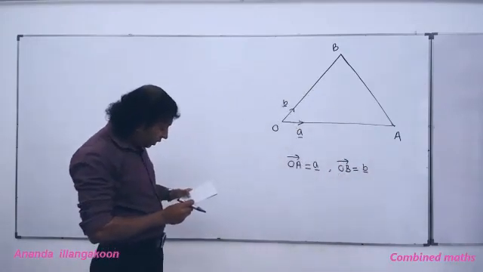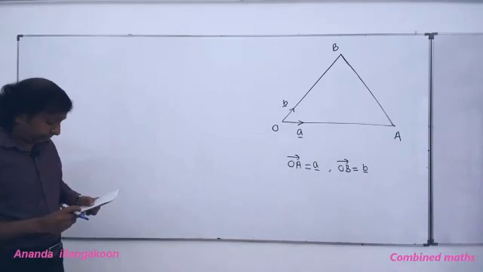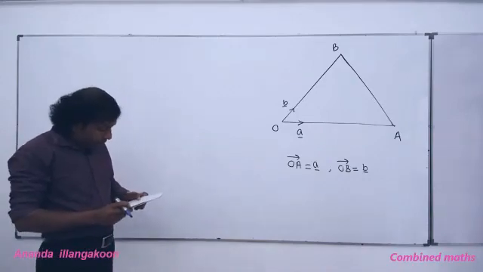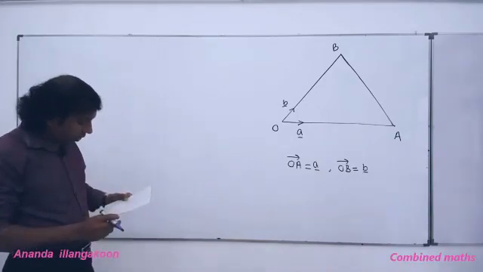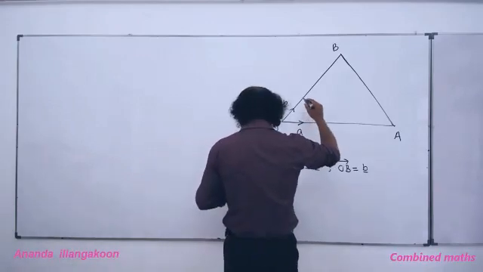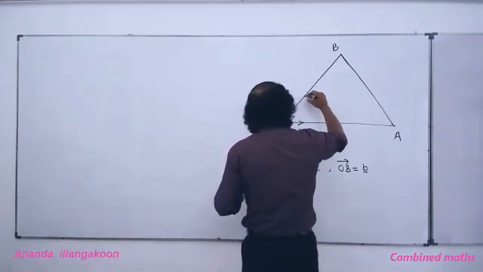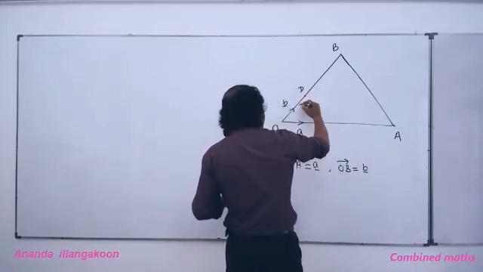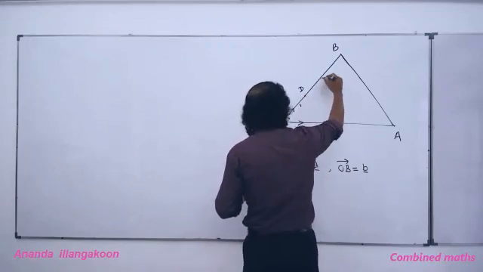The point D is on OB and E is on OA, so that OD:DB is 1:2. OD here, DB there. What's the ratio? OD 1, DB 2.